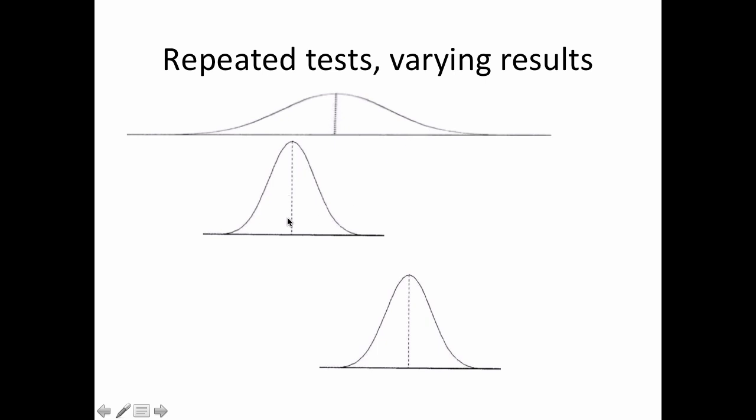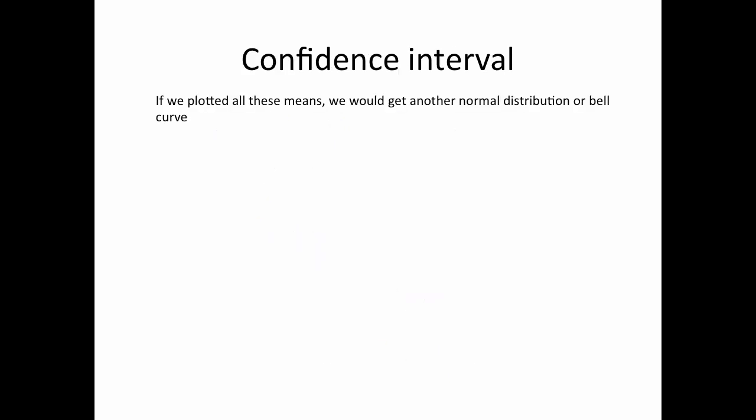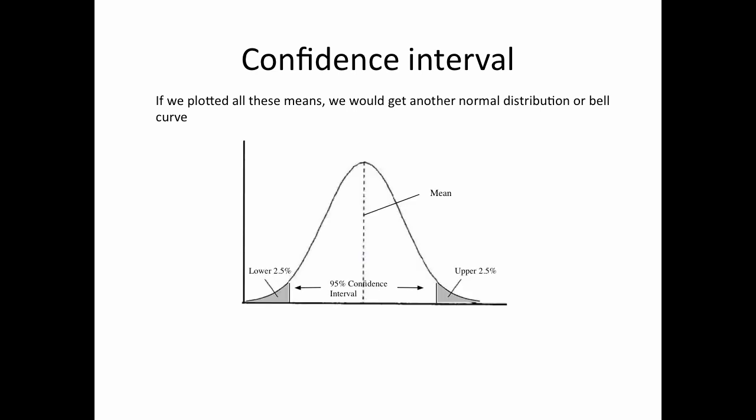In this group, that was the mean, and in that group, the mean. In other words, when we do repeated tests, we don't get the same results. We get a variation in the means. Now, if we plotted all these means on a graph, we would end up with another normal distribution or bell-shaped curve, like this.